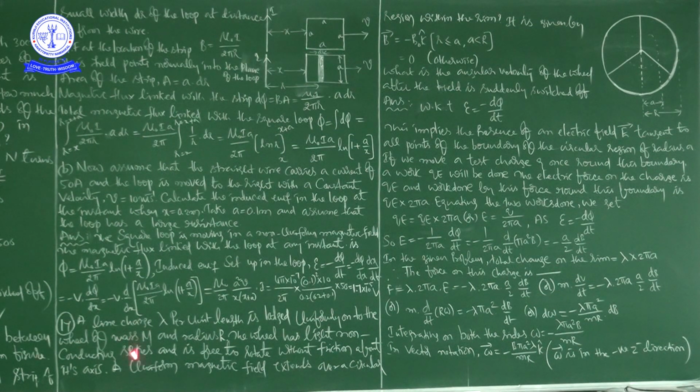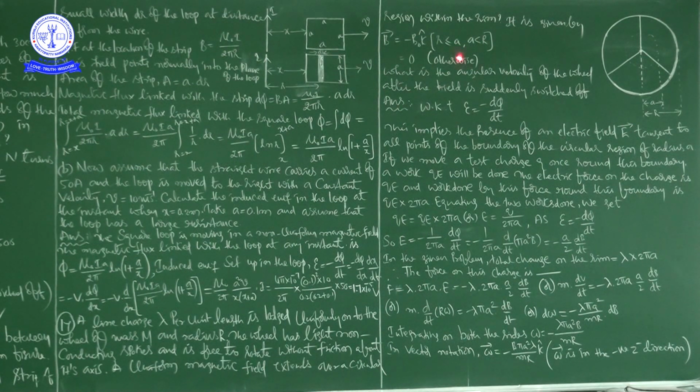See this. The question is, a line charge lambda per unit length is lodged uniformly onto the wheel of mass capital M and radius capital R. The wheel has light non-conducting spokes and is free to rotate without friction about its axis. A uniform magnetic field extends over a circular region within the rim.